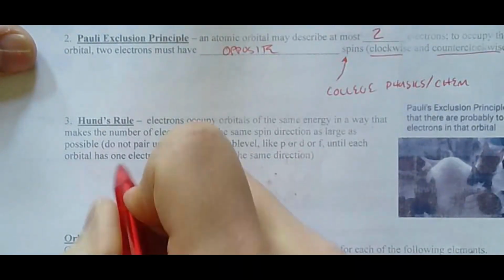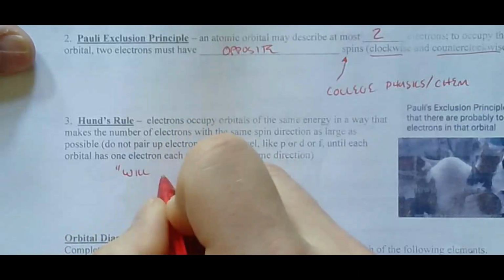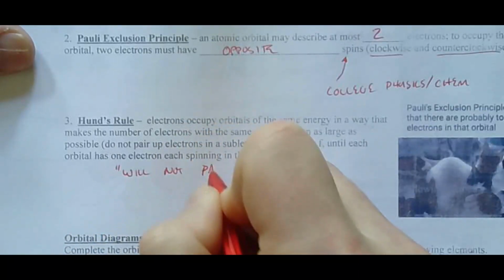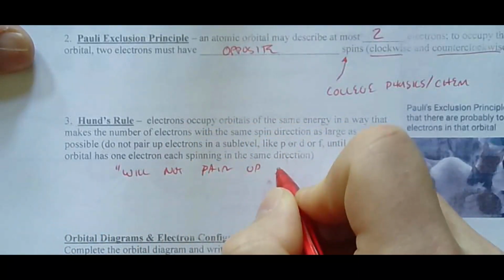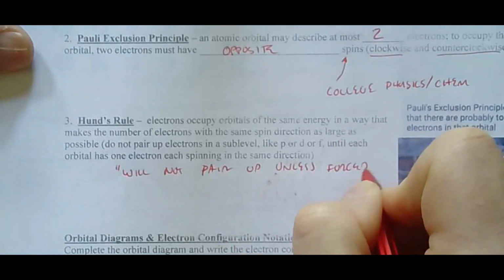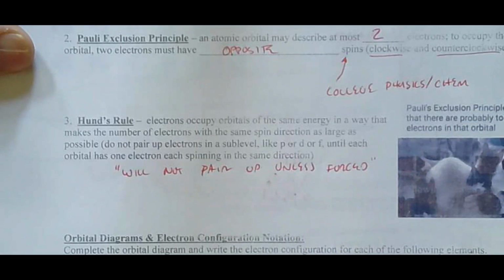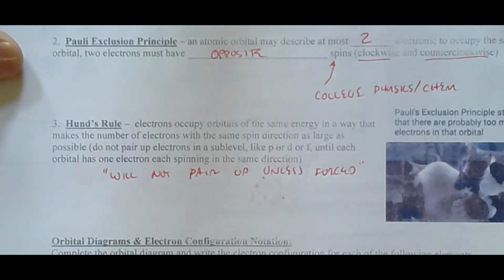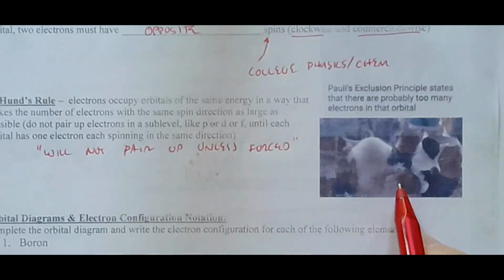Basically what this is saying is that they will not pair up unless forced. And you can see it here, where there's a little bit too many chemistry cats in that container.